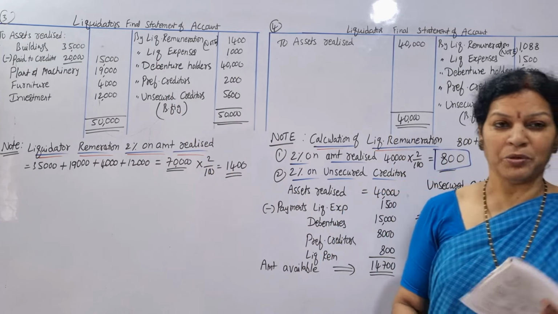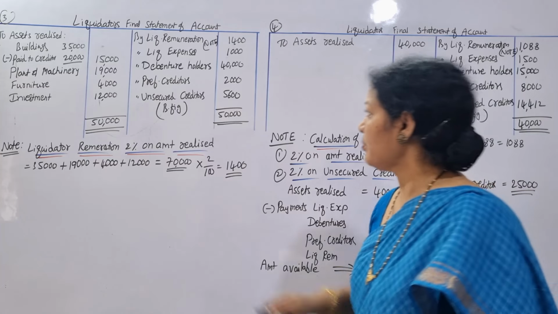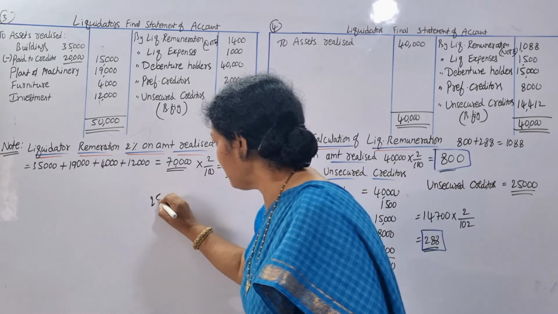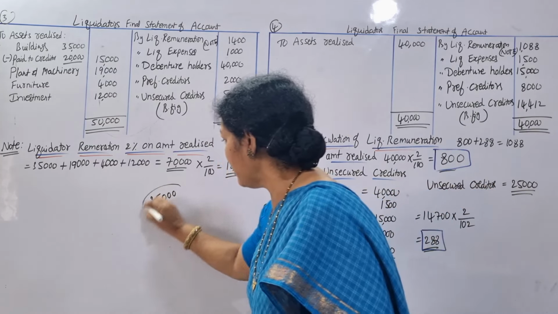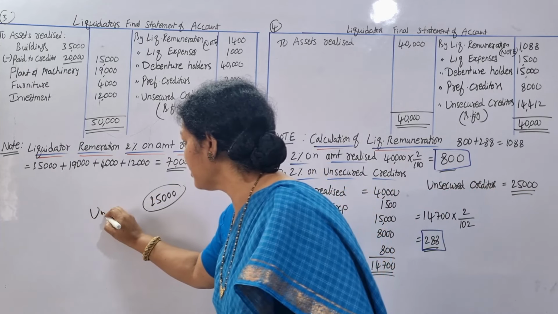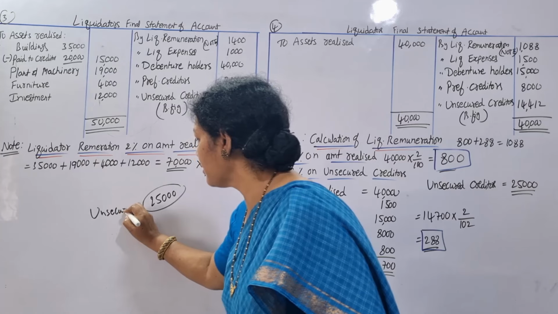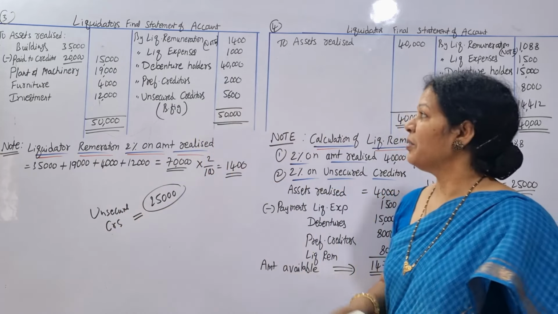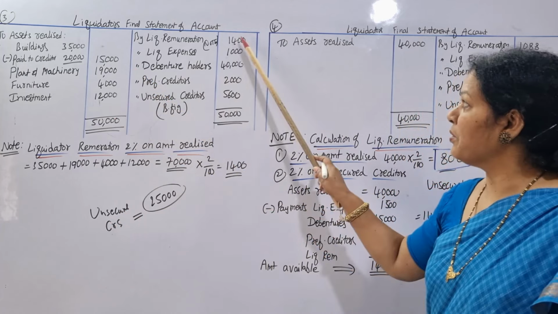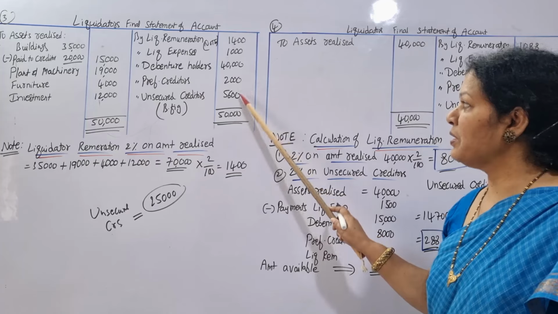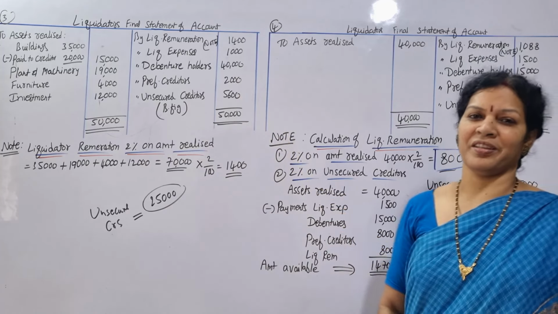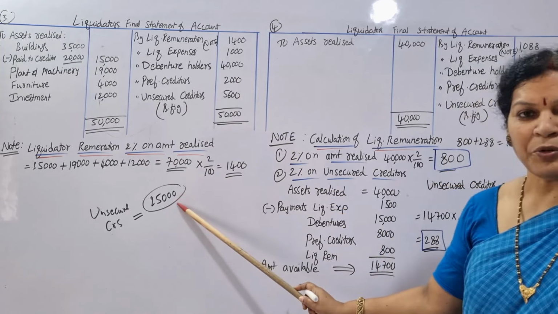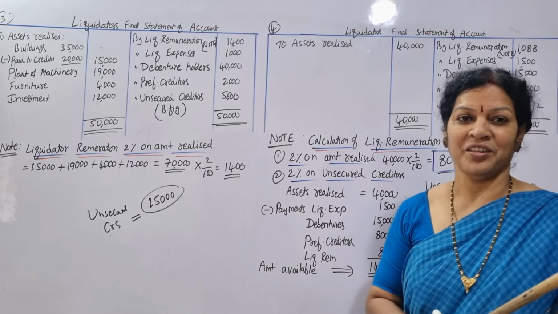Unsecured creditors actual amount is 25,000. But out of 50,000, when you make all these payments, we have only 5,600, whereas we have to pay 25,000.